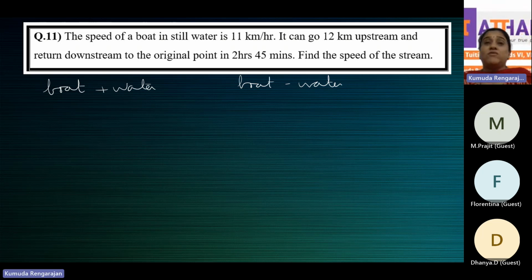In both the cases, you will have to put your speed first, then the wind speed. Wind is only assisting you if you go along with it, or it will suppress your speed if you're going against it. In the same case here, you must put the boat's speed first, then the speed of the water.